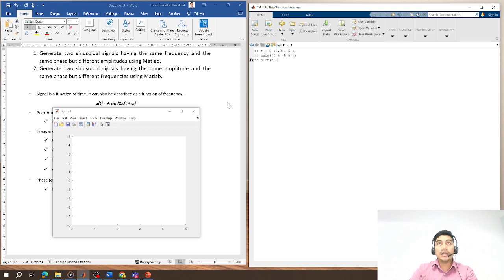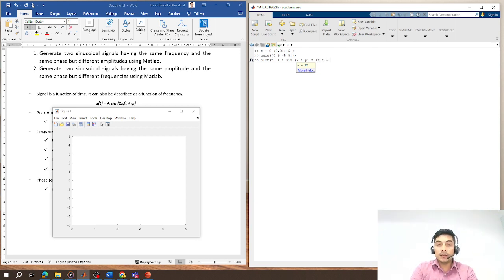So let's say its amplitude is 1, and 1 times sine. Here we are referring to this equation, sine 2 times pi times f, let's say it is 1, times t, right?